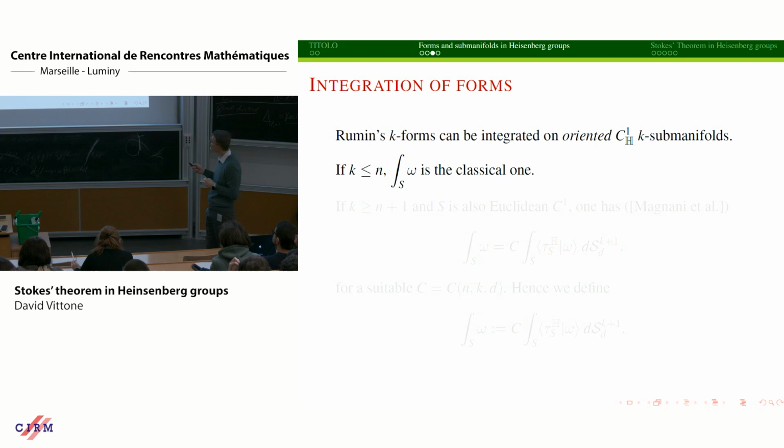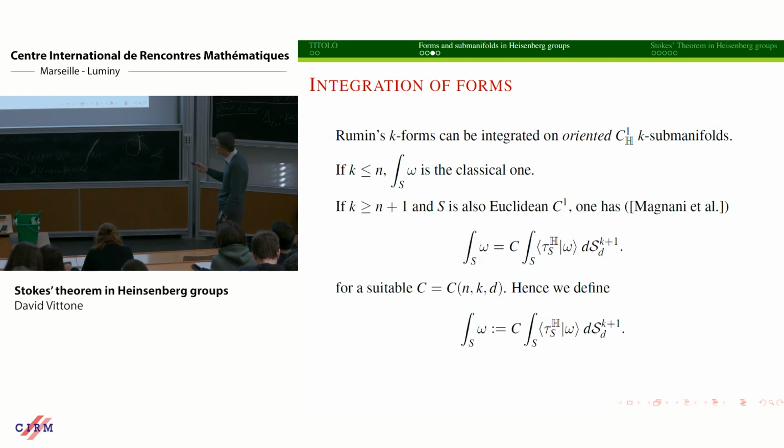Integrating a form on a submanifold is pretty easy in case you are dealing with submanifolds of low dimension, so when k is less than or equal to n. Everything here is classical: omega is a smooth form, S is a Euclidean C1 submanifold, so this is classical.